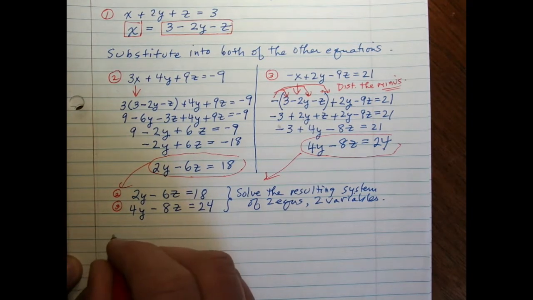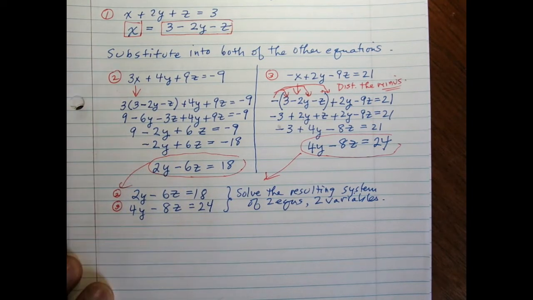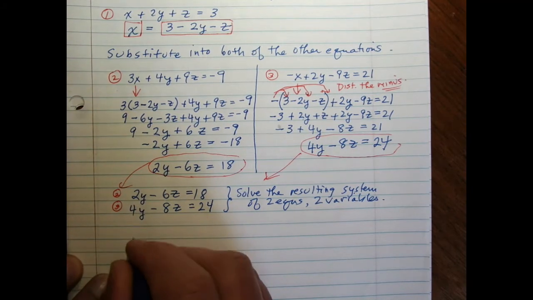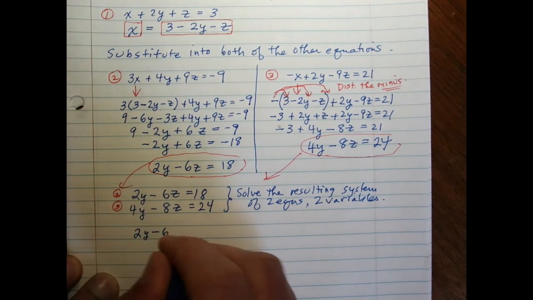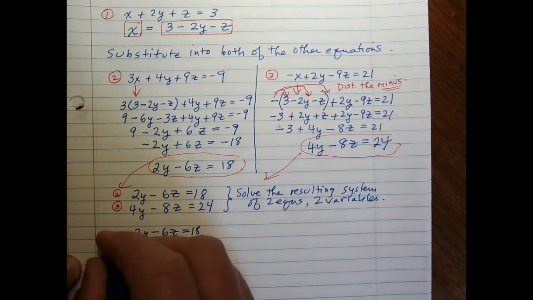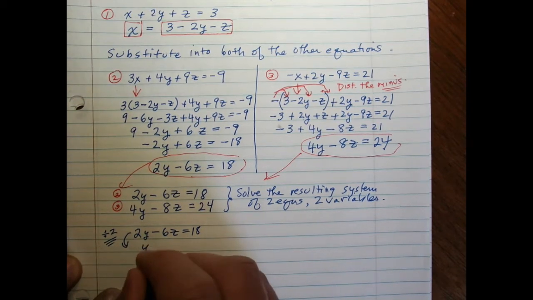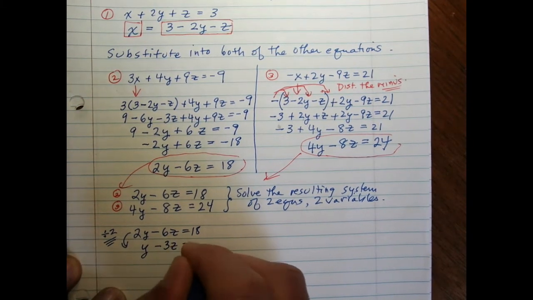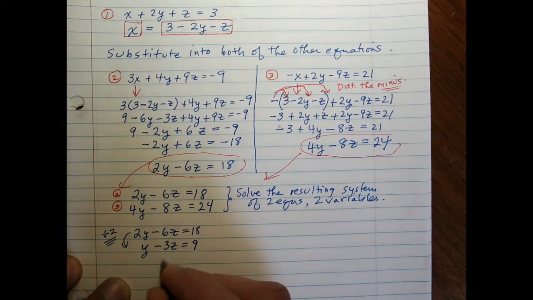I can take equation 2 here, 2y minus 6z equals 18. I'm going to divide by 2 to get y minus 3z equals 9.